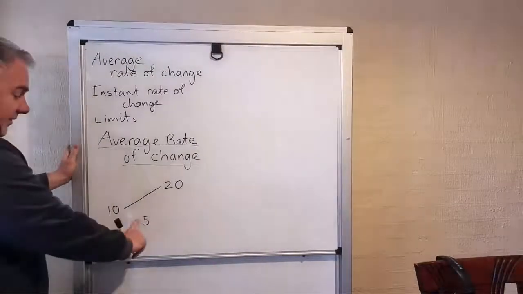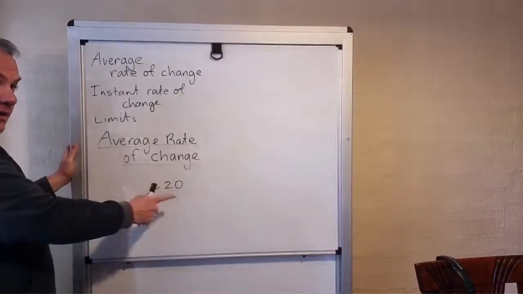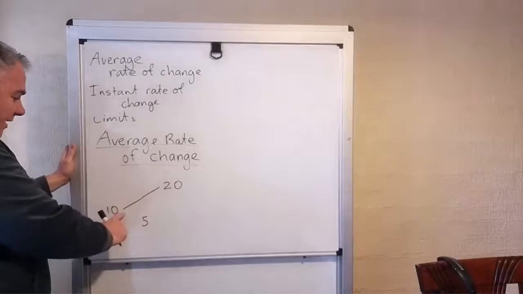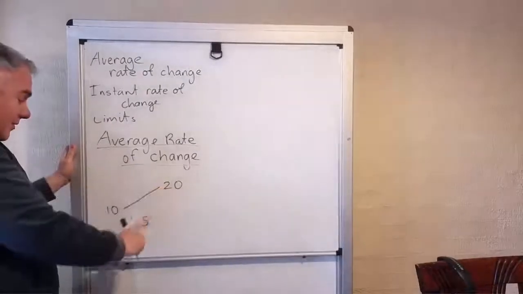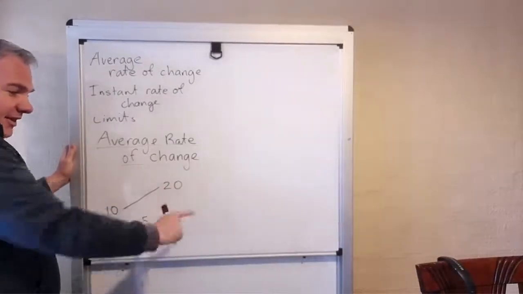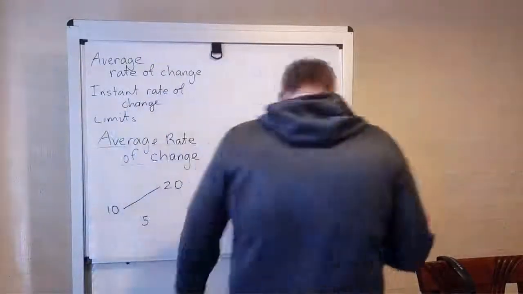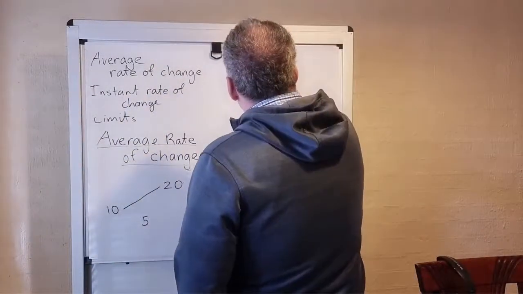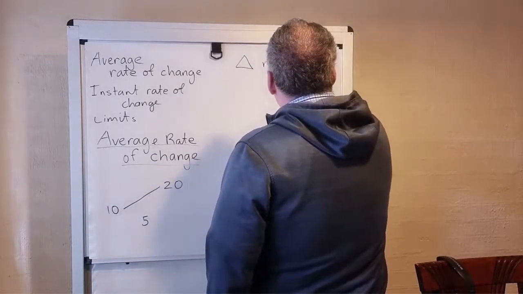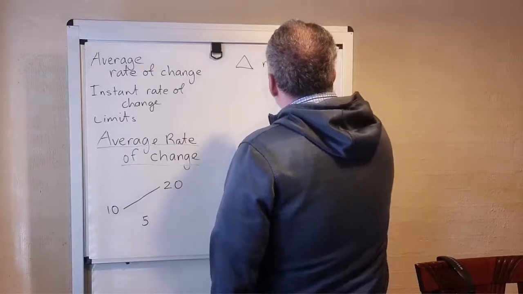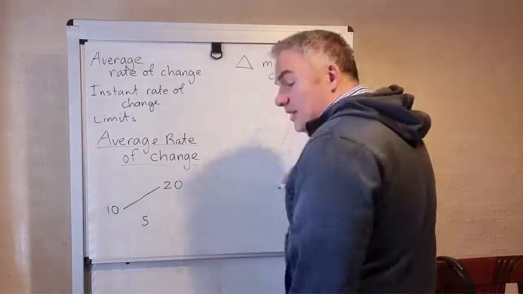okay, we have our x, we have our y, and our change in y, how far different our original y value is from our current y value, over our x value, or the change in x, gives us the average change. Okay, so this triangle means change, means changing.